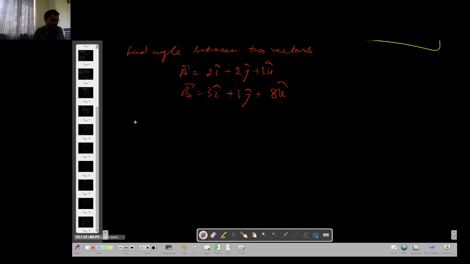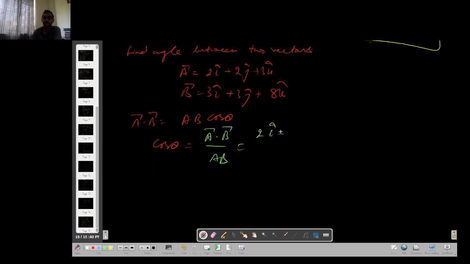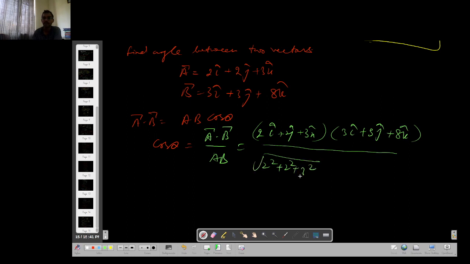As I know, A dot B is equal to AB cos of theta. So from here I can write that cos of theta is equal to A dot B over AB, and let me put their values. It is 2i cap plus 2j cap plus 3k cap dot 3i cap plus 3j cap plus 8k cap, whole divided by their magnitudes. So it is square root of 2 square plus 2 square plus 3 square, and square root of 3 square plus 3 square plus 8 square.